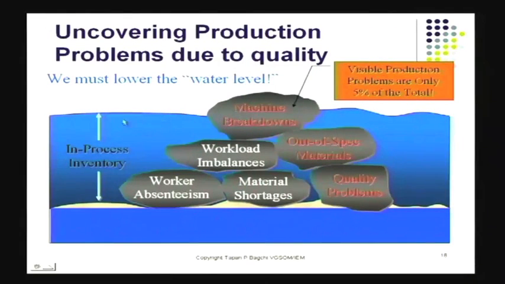In fact, it turns out that whenever you've got inventory, a lot of problems hide behind these inventories. For example, if your inventory is just about what it normally is, the problems that are visible to you are machine breakdowns. So if a machine breaks down in a shop, you can spot it because there is a pile up of inventory there, and that's because there is a lot of inventory on the floor anyhow. A machine breakdown becomes quite easily visible.